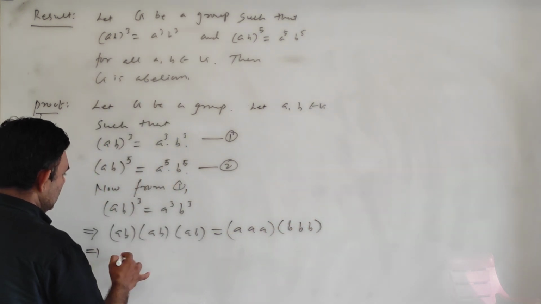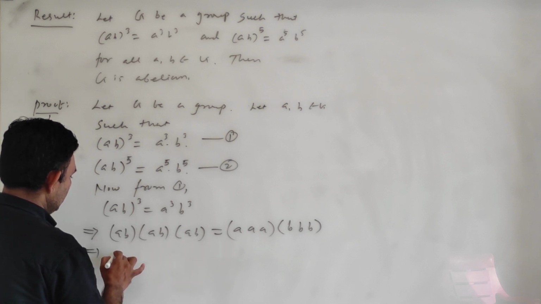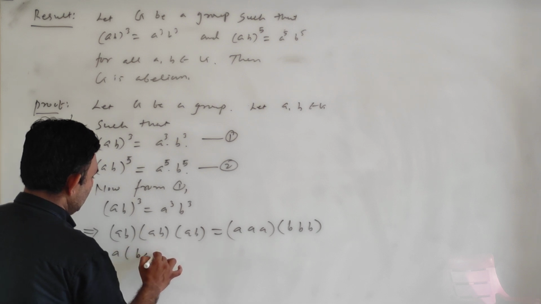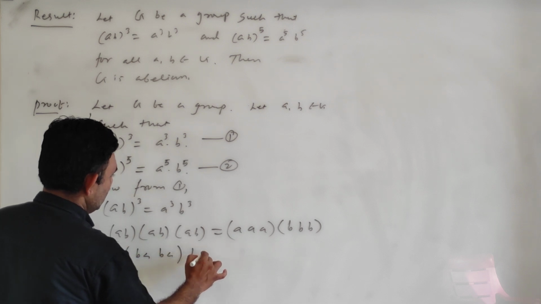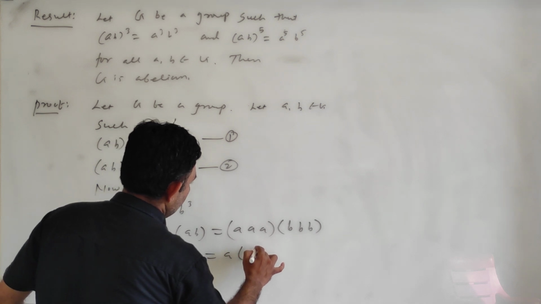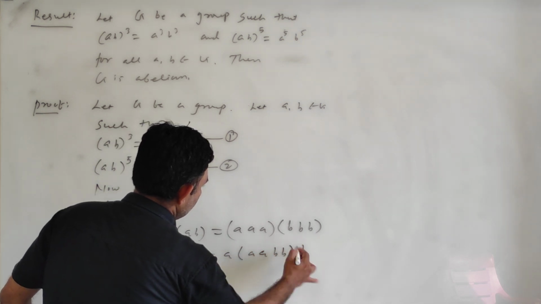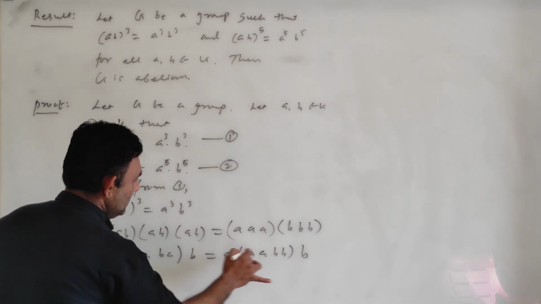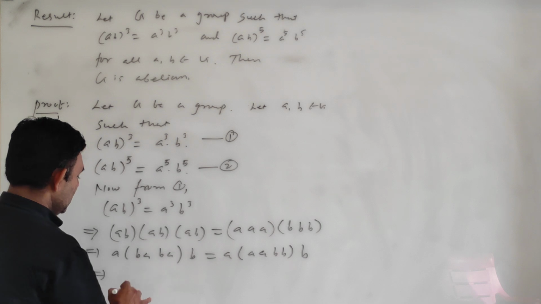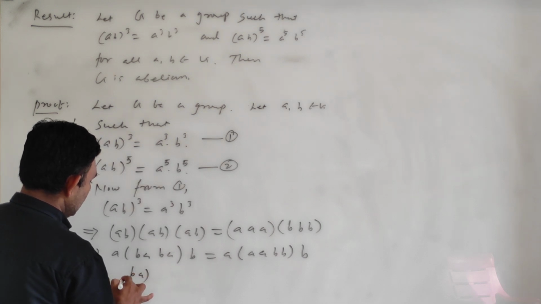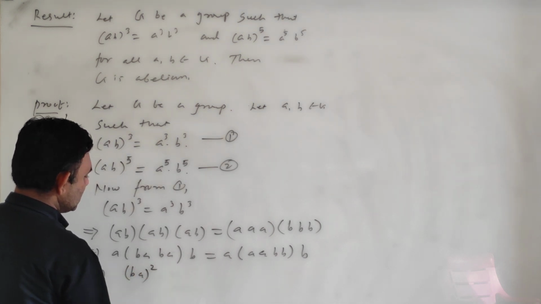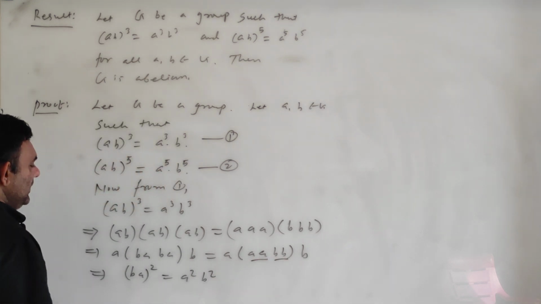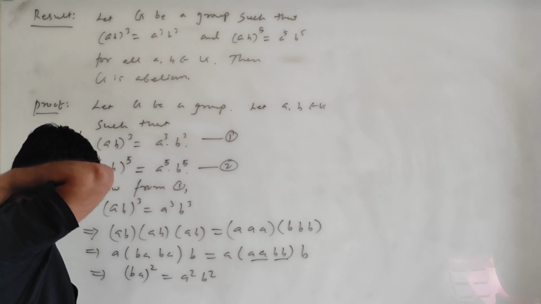So if I club these elements in this way, you keep A this side and you keep BA and BA and B. Then here I have A, B, B and this B. So A cancels, B cancels by cancellation laws. So it is BA into BA, that is (BA) square, is equal to A square B square.